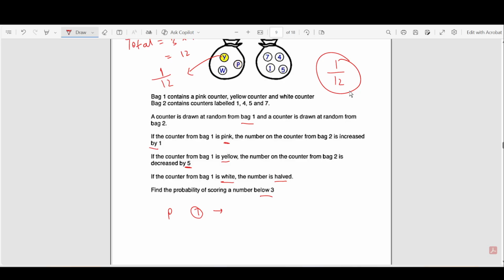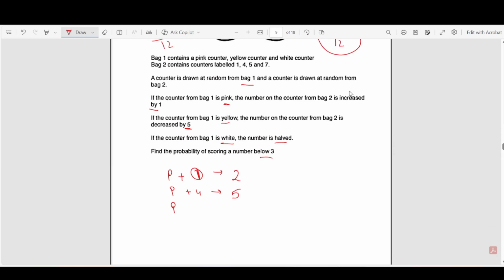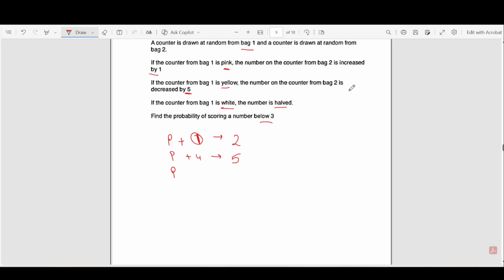Pink and 1: 1 increased by 1 gives 2. Pink and 4: 4 plus 1 is 5.